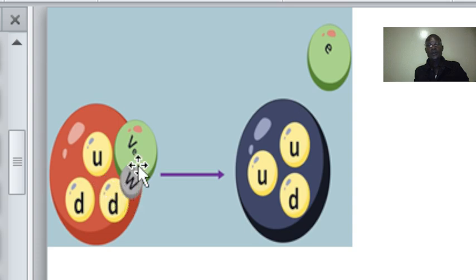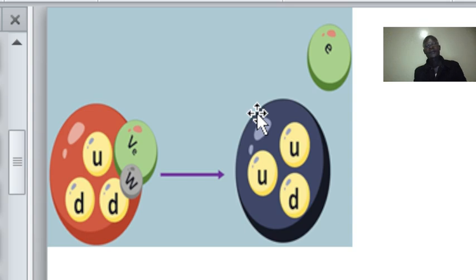As you can see, when it is attached to the weak charge carrier, W, this carrier is able to turn a downward quark into an upward quark with the release of an electron. When that happens, it has changed this neutron into a proton, and this is accompanied by the beta negative decay.